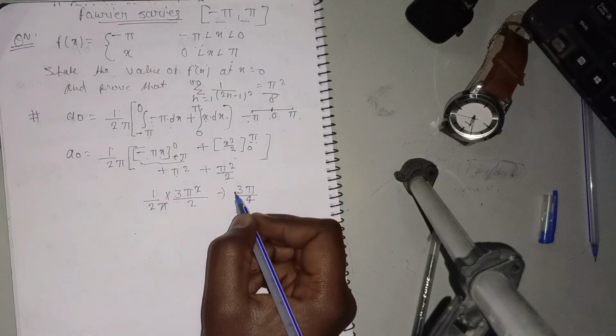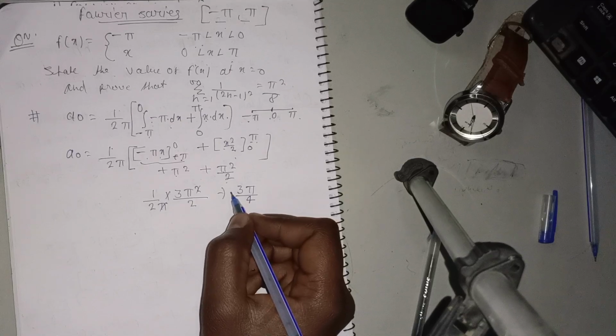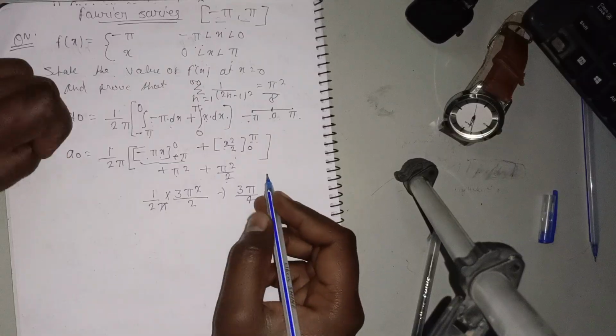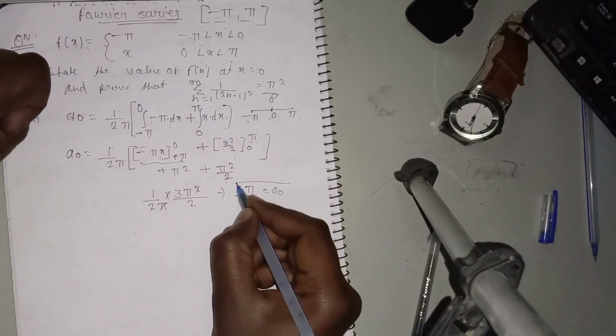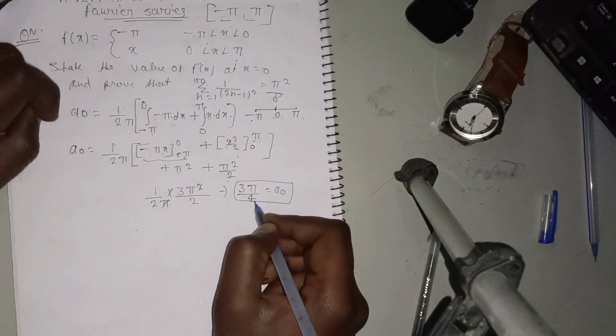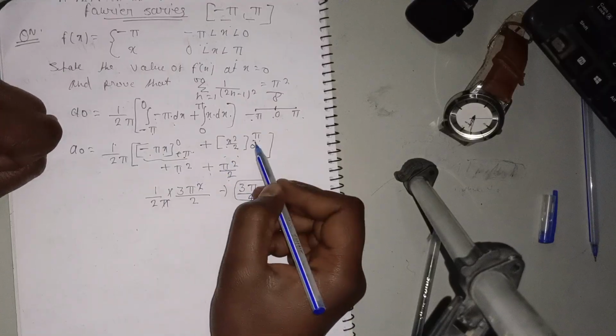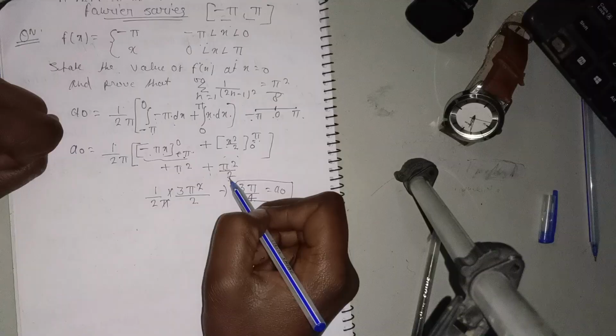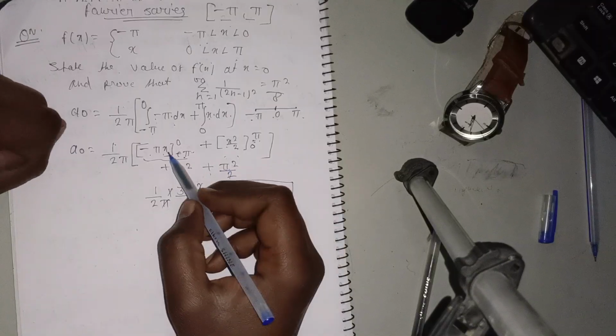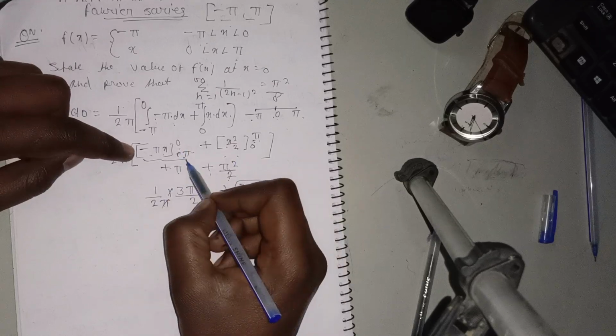Did I make any mistake? According to me, it should be 3 pi by 4. Let me check if I made any mistake. Here in the sign only I did something. So pi square upon 2, this will be as it is, pi square upon 2. Here 0, this is 0, doesn't mean anything to write.